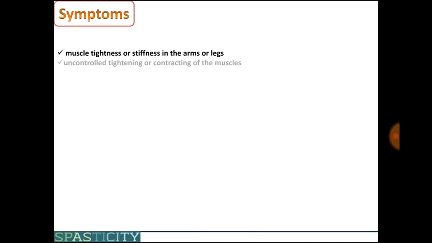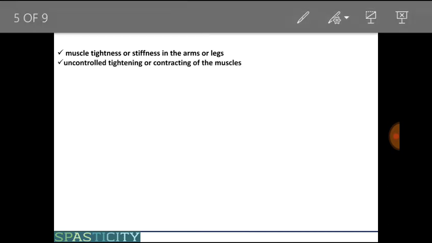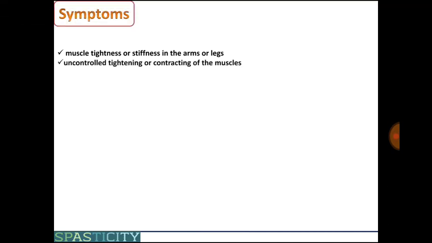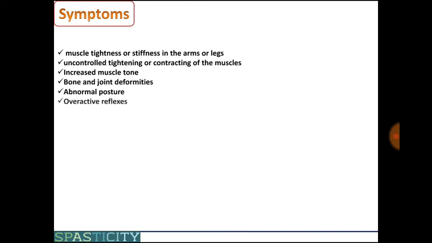These symptoms include muscle tightness or stiffness, particularly in the arms and feet, that are uncontrollable, increased muscle tone, deformity in bone and joint, abnormal posture, and overreactive reflexes.